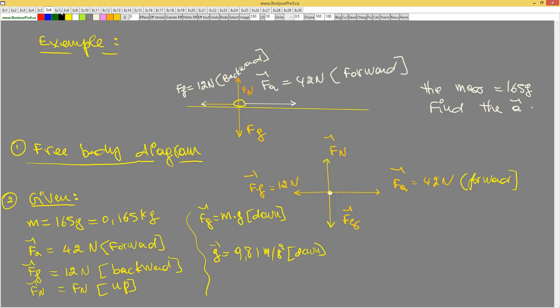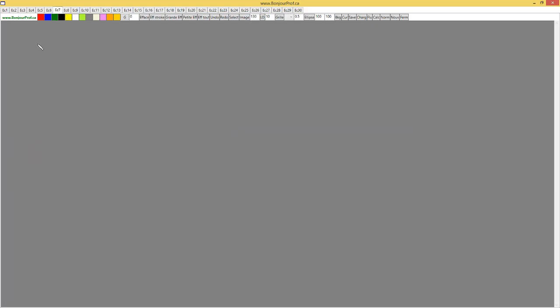I'm going to pick another page. Okay, I'm going to put here all the forces given. Now the mass equals 0.165 kilograms. We have the force applied, 42 newtons forward.